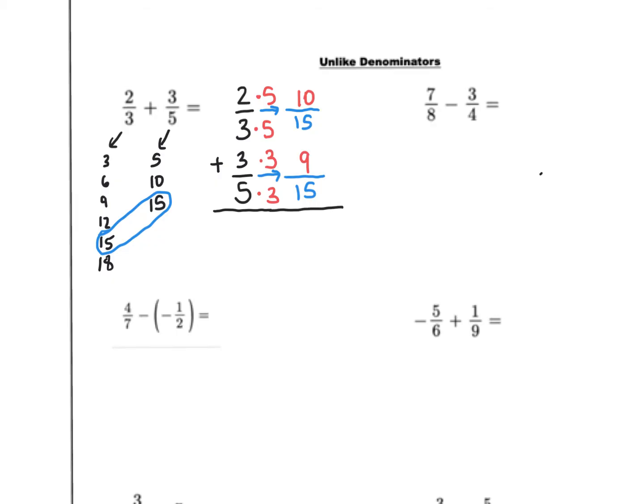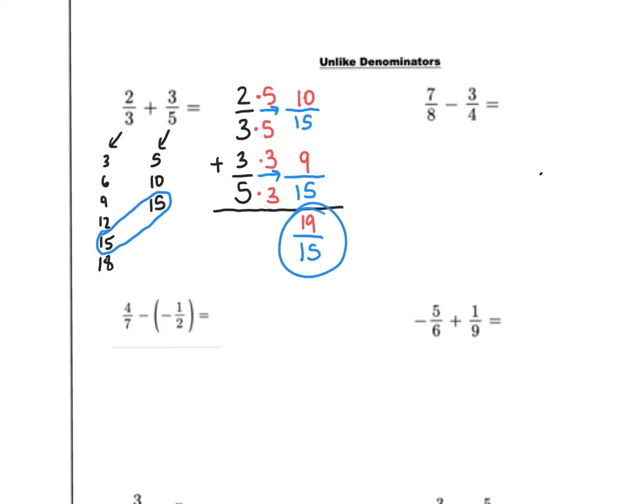So I want to keep the denominator the same, so I got the 15 right here, and this is going to give me 10 plus 9, which is 19, and so I am going to have on the top in the numerator 19/15, and this will be my answer right here.